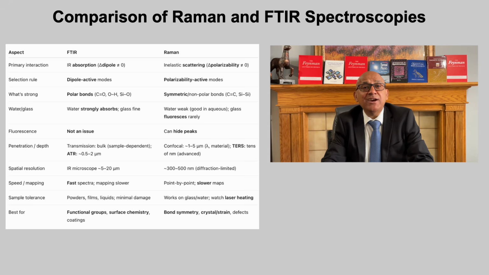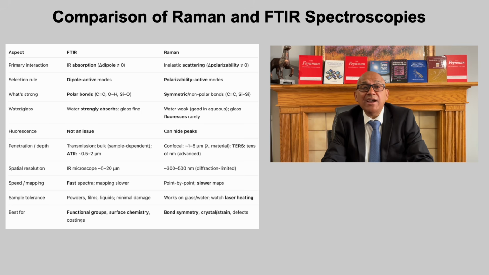Both FTIR and Raman spectroscopy probe molecular vibrations, but they do so through fundamentally different physical interactions. In FTIR, infrared light is absorbed when a vibration causes a change in the molecule's dipole moment.